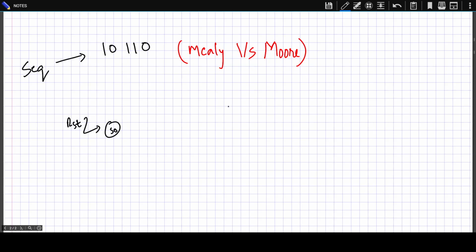You might have heard S naught represents 00, S1 represents 01, but this only matters once you are transitioning from the state machine to the D flip flop level design. As long as you are focusing on building the FSM, state names don't matter.